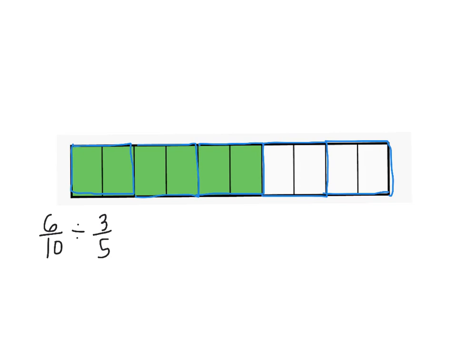So let's try that. Oh, so if you count, this is 1, 2, 3. Oh, so apparently this 3 is already 3/5. It's a 3/5 already. Now, do we have other shaded parts from the 6/10? None. So apparently, 6/10 divided by 3/5 is just 1 because you only get to have 1/3. No remainder or no fractional part.